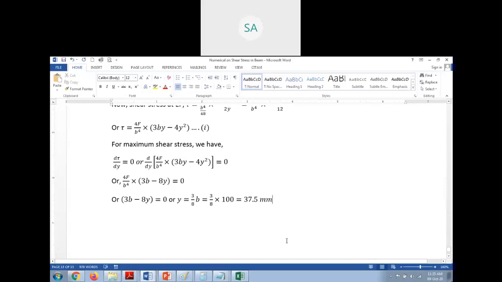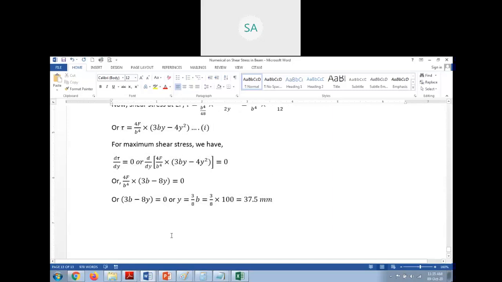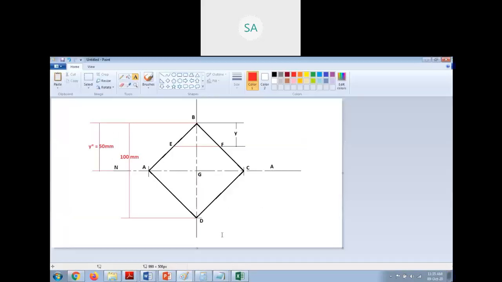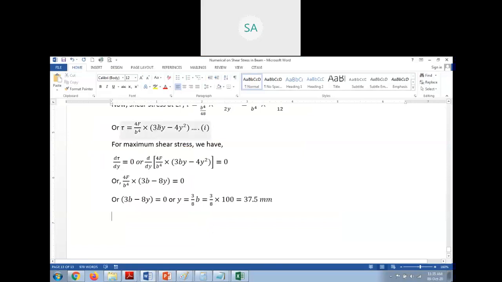So let us calculate the maximum shear stress, or from this expression I'll try to find the shear stress at various points. First B and D, right? If you put y as 0, this will become 0 and this will become 0, so tau will be 0.